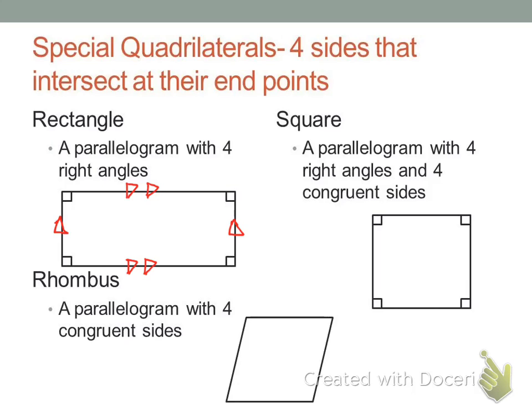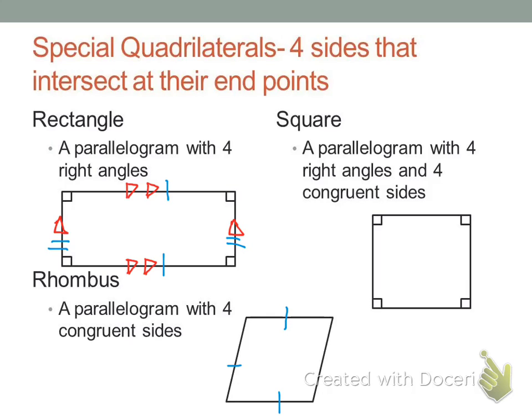And I show a congruent side with a hash mark. Now, my 2 other sides are congruent as well, but they're different. So I can show those using the 2 hash marks. Okay? That's a rectangle.